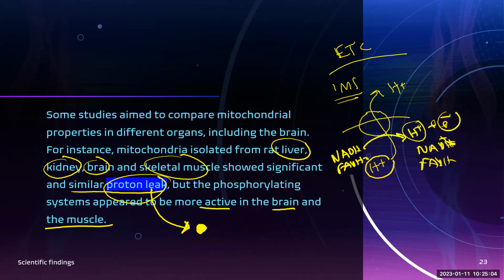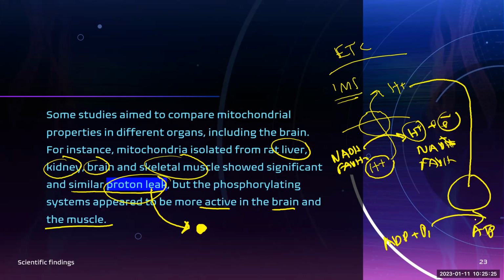But the phosphorylating system appears to be more active in the brain and the muscles. At the end, we learned the hydrogen moves back through the ATP synthase complex to make ADP plus phosphate into ATP. So this is the phosphorylating system.